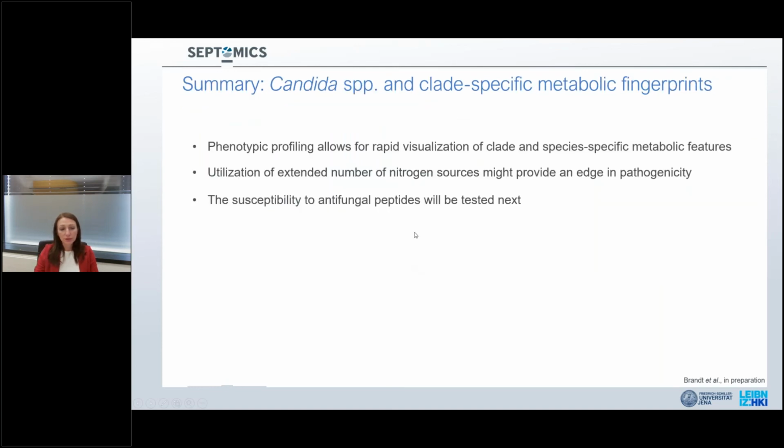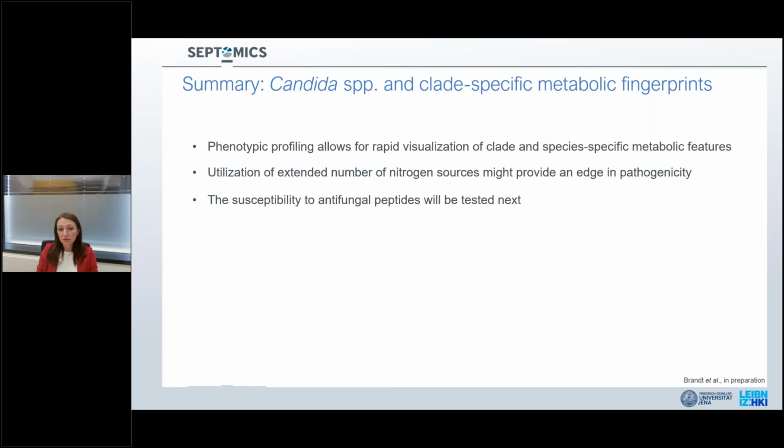So in summary, what I showed you here is that phenotypic profiling allows us rapid visualization of clade and species-specific metabolic features, that utilization of an extended number of nitrogen sources might provide an edge in pathogenicity, and that the susceptibility to antifungal peptides, for example, or alternative small antibiotics could be tested to really verify these findings.